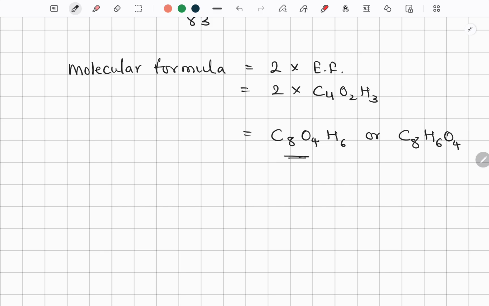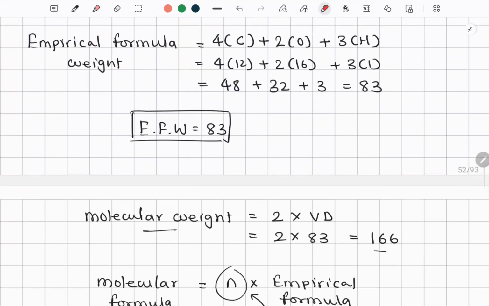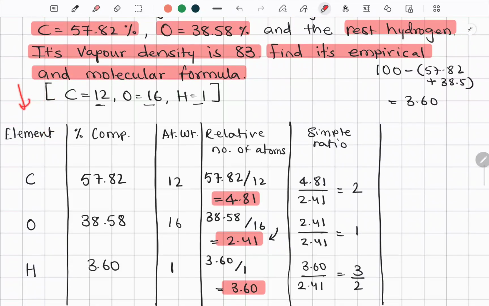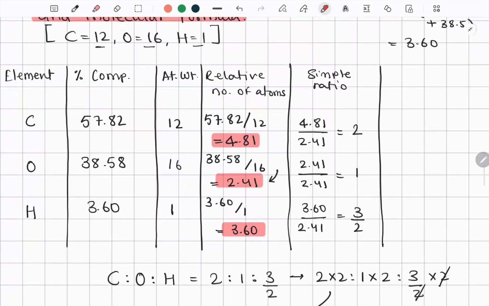Let's see again how we solve this type of question. We started by making a table which contains the element, percentage composition, atomic weight, relative number of atoms, and simple ratio. Then we put in all the elements present, which are carbon, oxygen, and hydrogen, and add the percentage composition. Then write down the atomic weights of the elements.